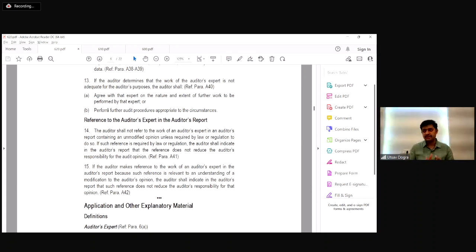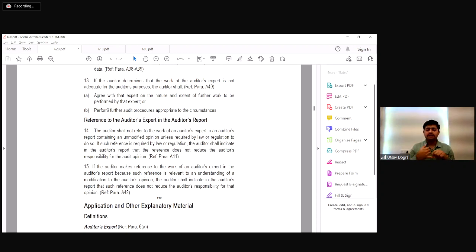That cannot be shared in the case of an unmodified opinion. So he should first restrain from writing the name of or writing about the expert's opinion. In case the law requires it, it should be clearly communicated that the work of the expert does not reduce the auditor's responsibility.